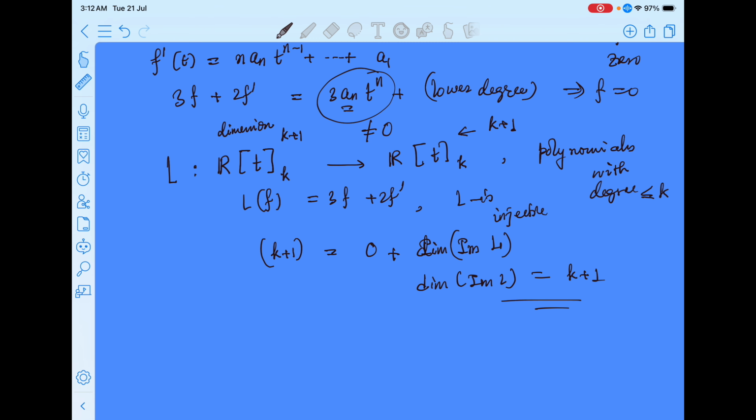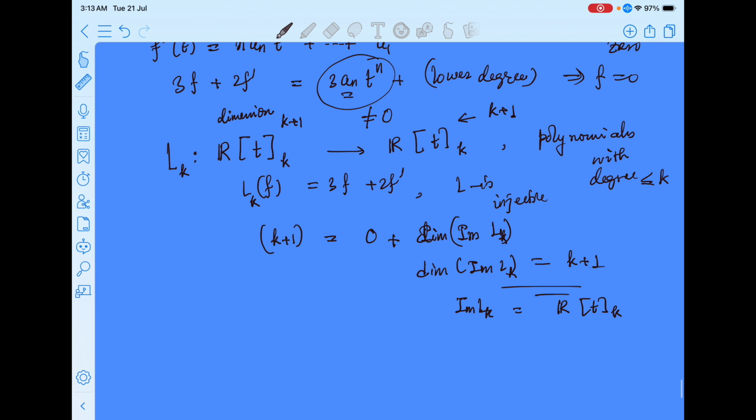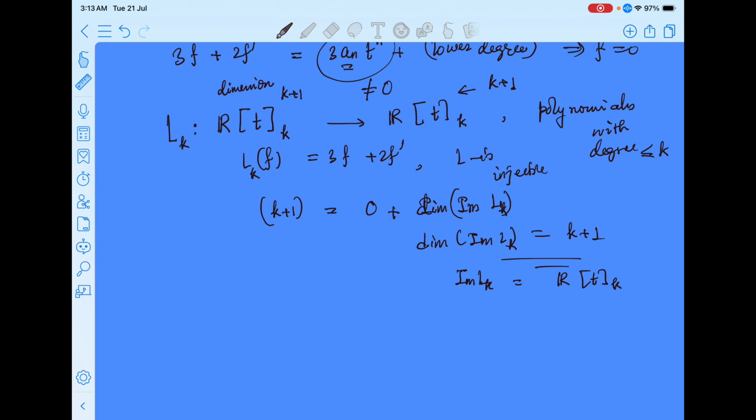So let us define L_k by this. The image of L_k is exactly equal to R[t]_k. That means this is surjective.